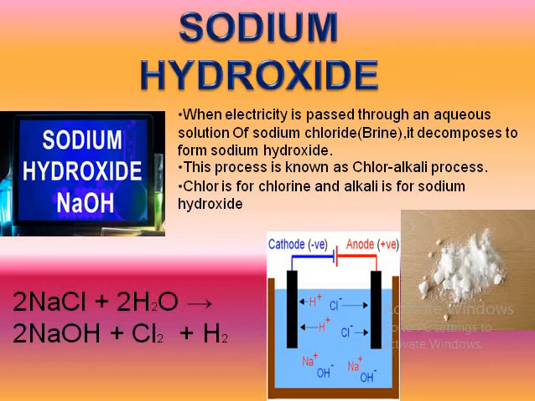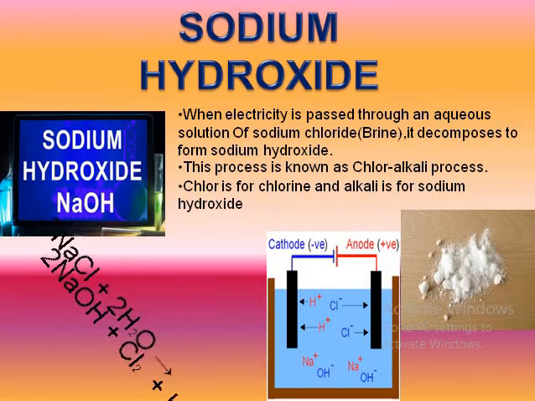Hydrogen is for fuels, margarine, fertilizers, etc. Chlorine is used as a disinfectant, in CFCs, pesticides, PVCs, etc. NaOH is for paper making, artificial fibers, soaps, detergents. So it's so useful. Sodium hydroxide is a very, very useful compound.